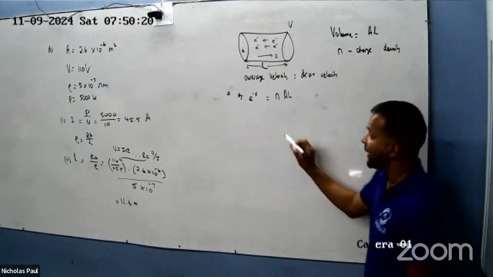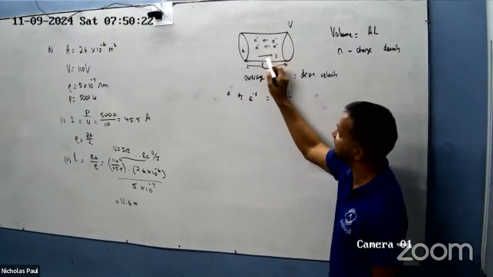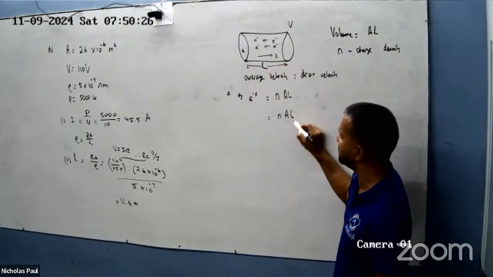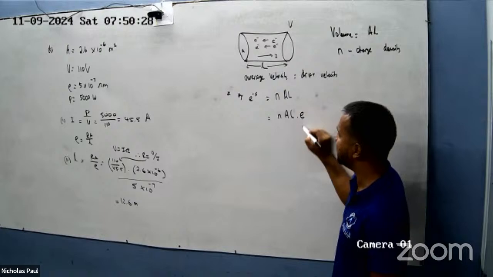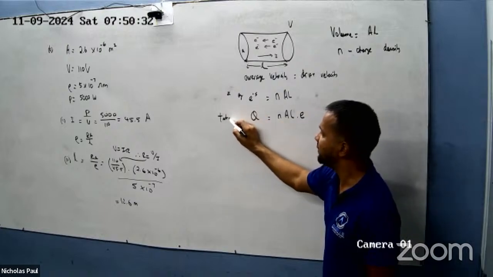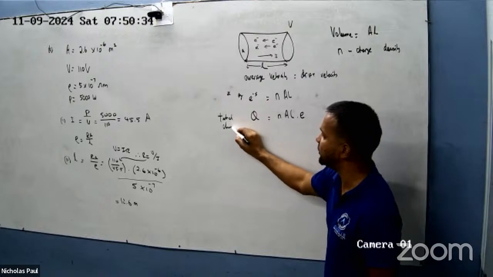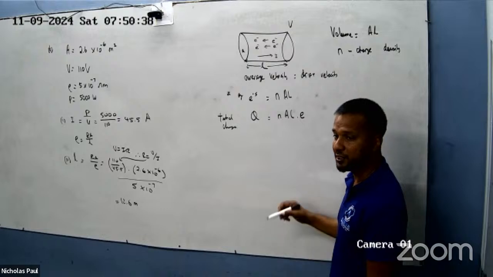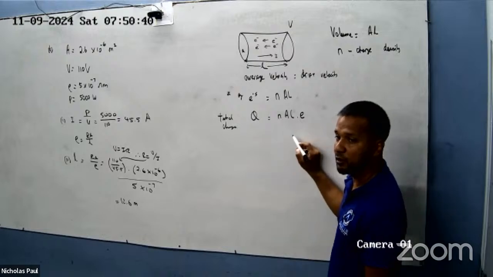And if I know the number of electrons in this circuit, all I have to do now is take the number of electrons and multiply it by e. That will give me the total charge in the circuit.